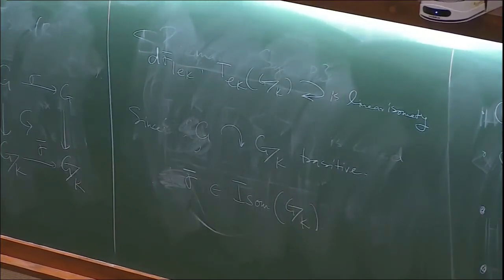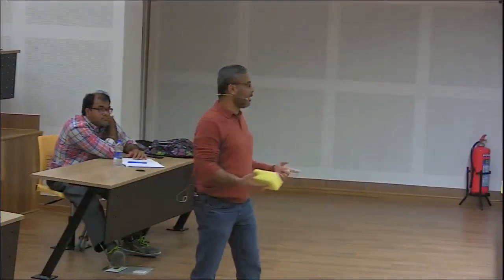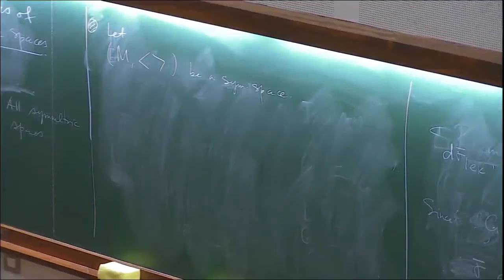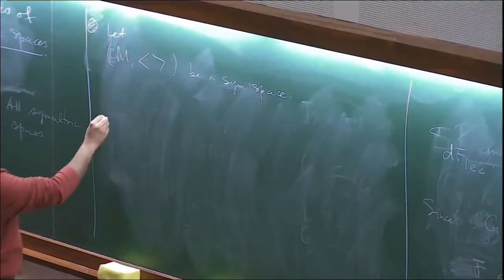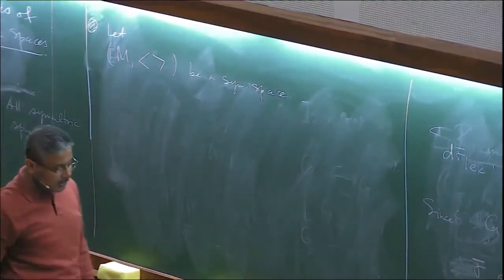So let me prove the converse. Any Riemannian symmetric pair gives rise to a symmetric space, and now I'm going to prove that any symmetric space comes from a Riemannian symmetric pair. For this I need some major theorems in Riemannian geometry.